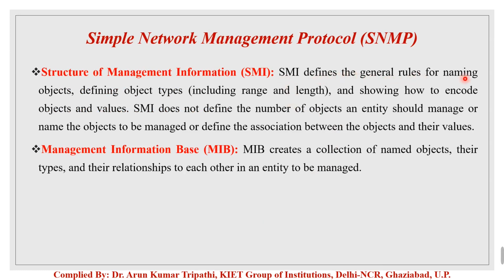SMI defines the general rules for naming objects, defining objects, including range and length, meaning variable length and, corresponding to those variables, what will be the range and which type the object is, and showing how to encode the objects and values. SMI does not define the number of objects an entity should manage, meaning how many objects an agent can manage. It does not define this.